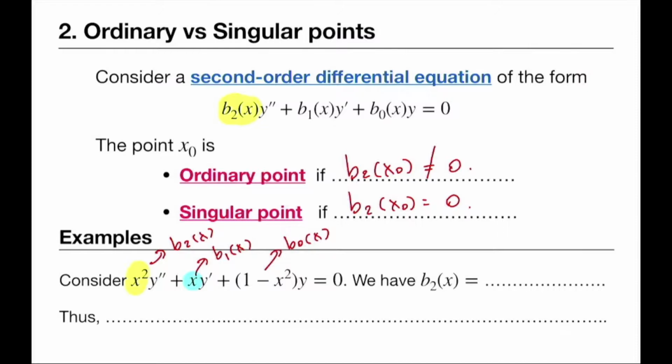So right now we have that b2(x) is x squared. Thus b2(0) is 0, which means that x equals 0 is a singular point.